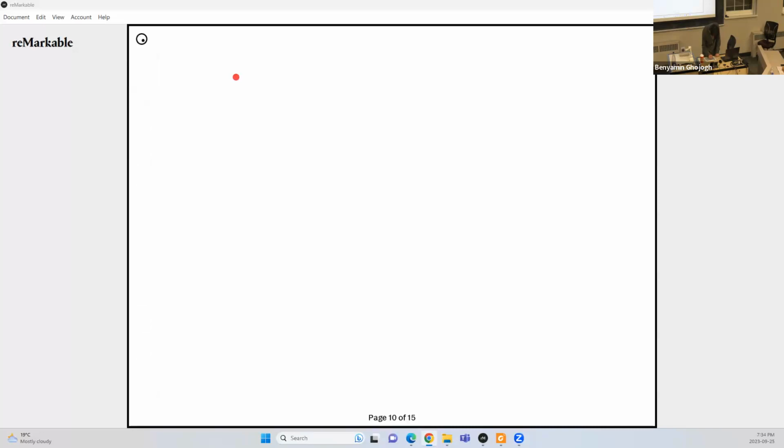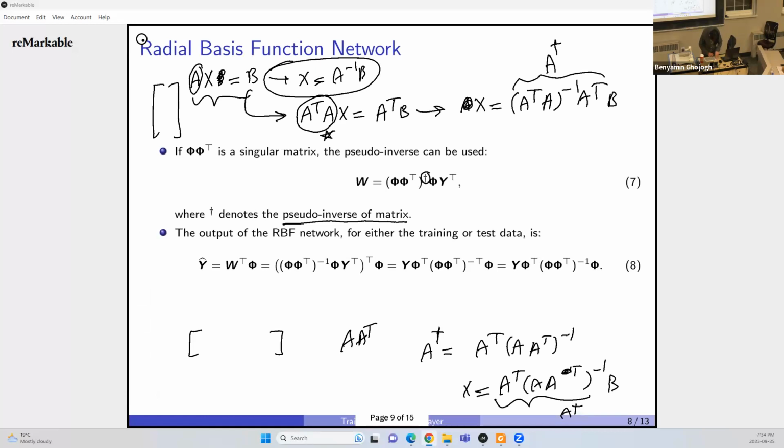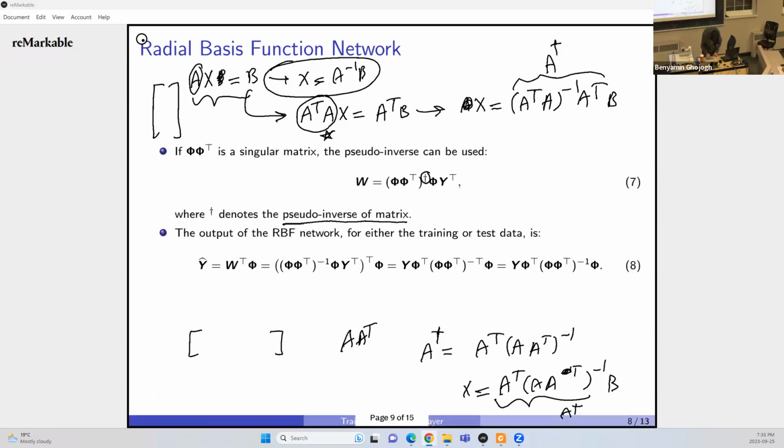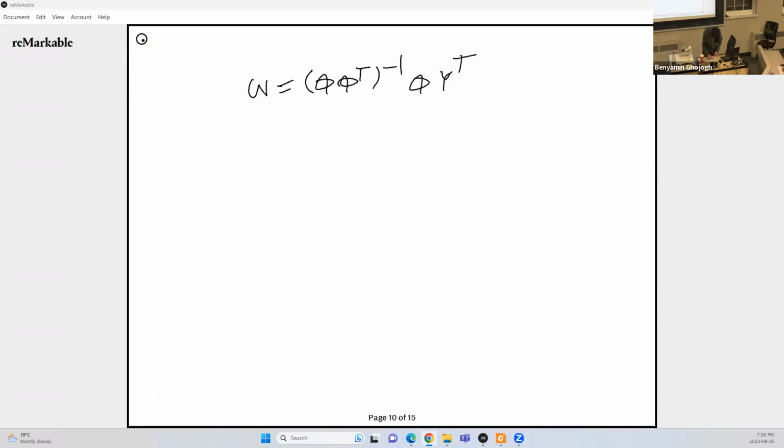So what did I have? I had that W equals phi transpose inverse phi Y transpose. And our worry was that what if this is singular?